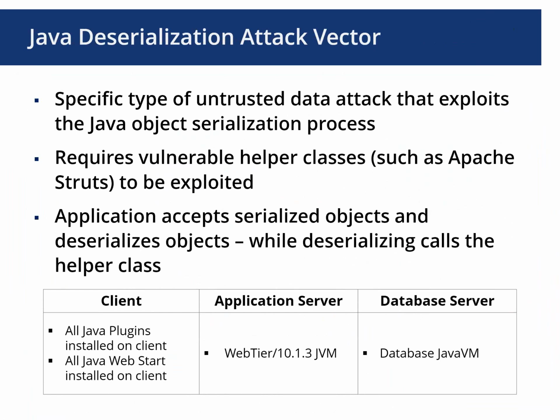There's a very specific flaw within the way Oracle Java serializes objects, in that it then can call helper functions. If I have a vulnerable application that accepts serialized objects and they haven't protected that serialization very well, you can then pass in a serialized object.